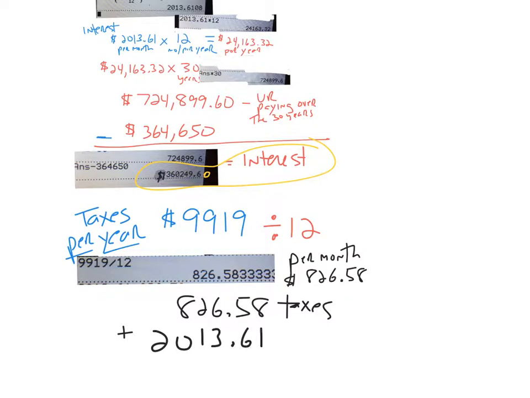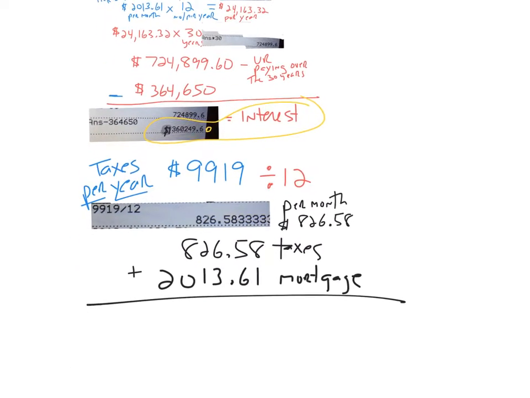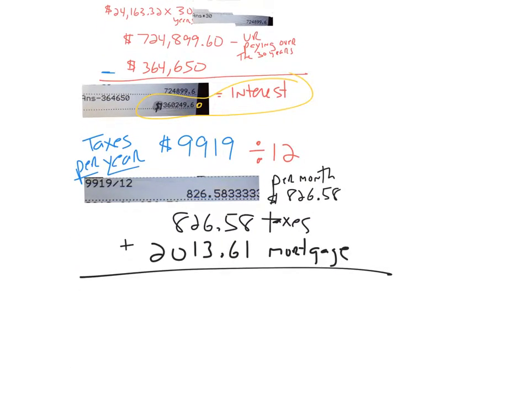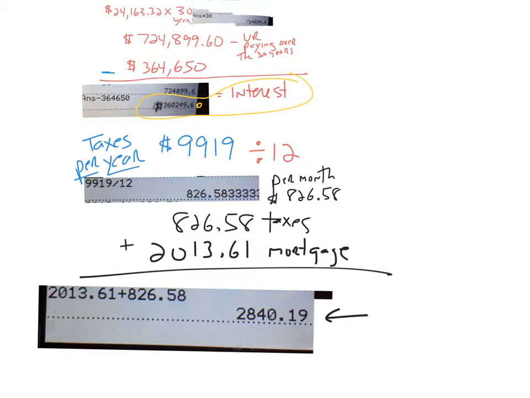So this is the mortgage, which means every month your payment to the bank is going to be $2,840.19. So that's how much you have to pay the bank back every month for this mortgage.